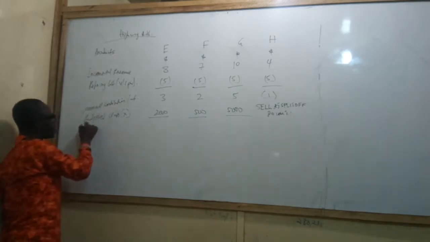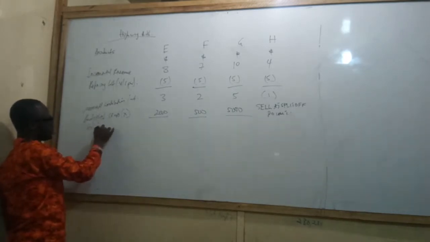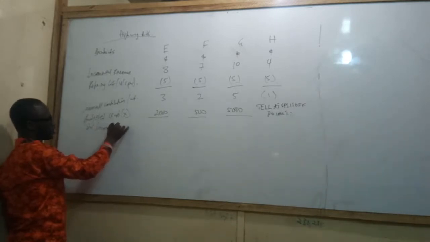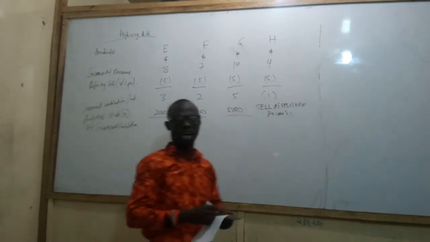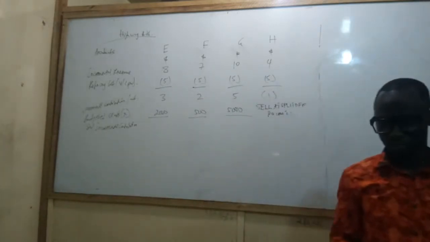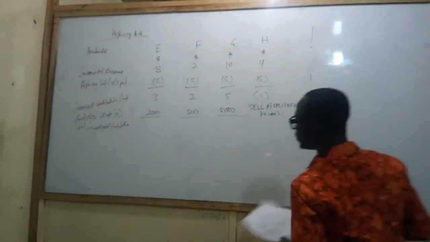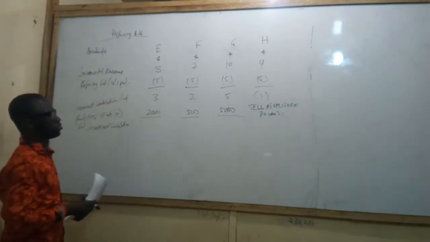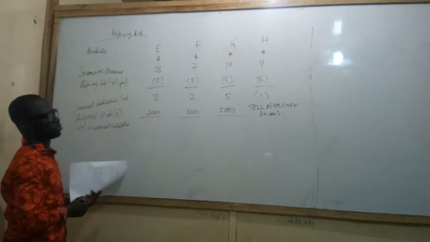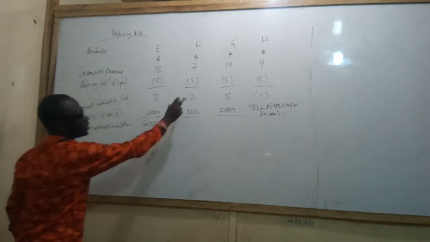And that gives us total incremental contribution. So what do we have? We are multiplying though. 2, 3, 6,000.